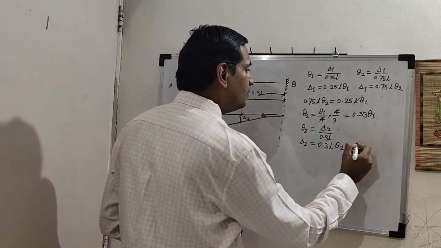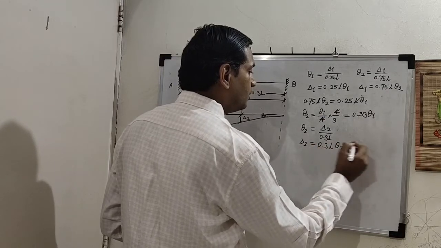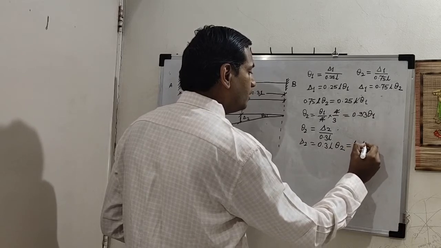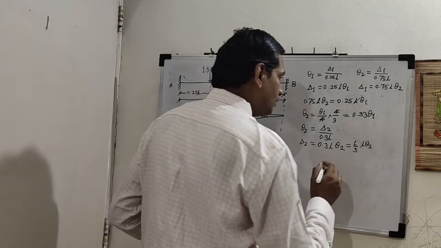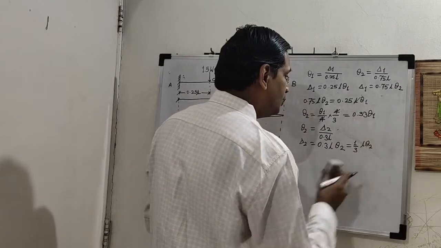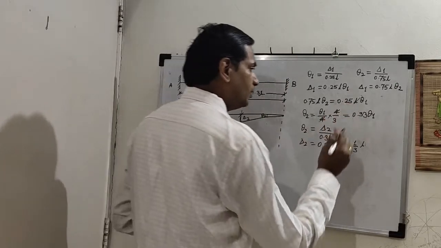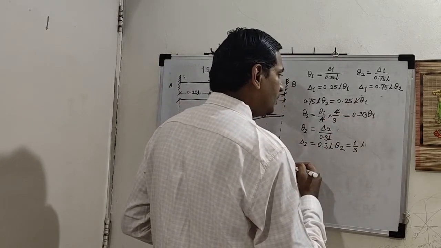So this is equal to 0.3 L, instead of theta 2 we have 0.33 theta 1. So how much is 0.33?